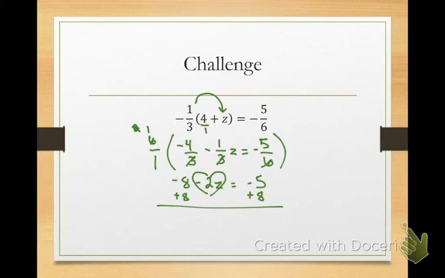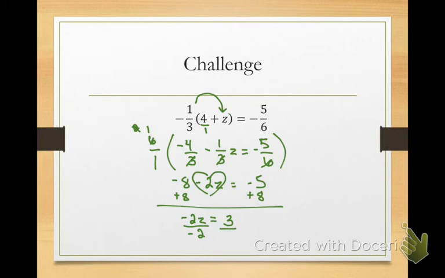Positive 3, guys. You got to watch those signs. Negative 2z equals positive 3. Okay? All right. Now, what do I divide both sides by?